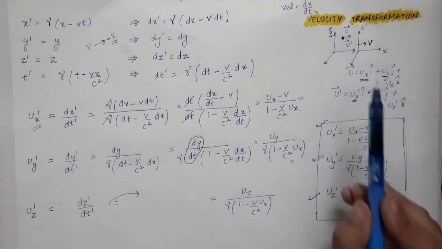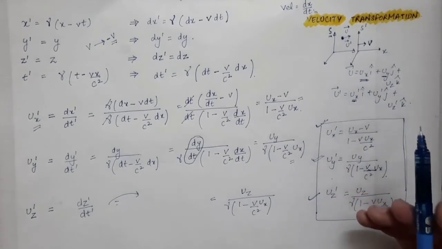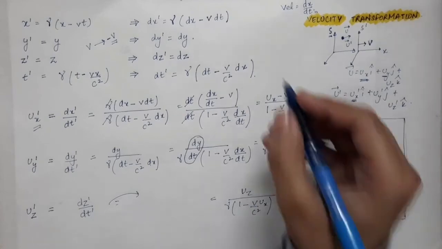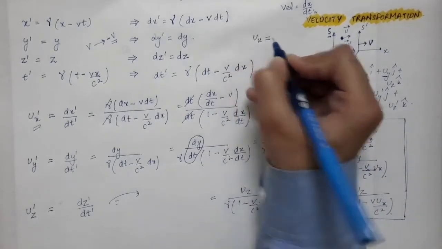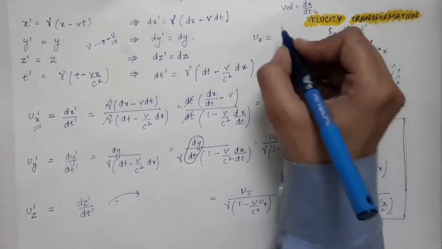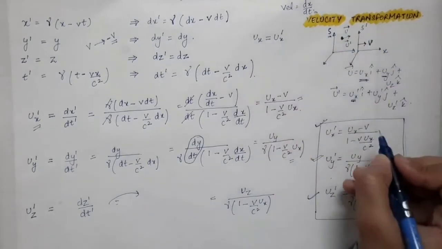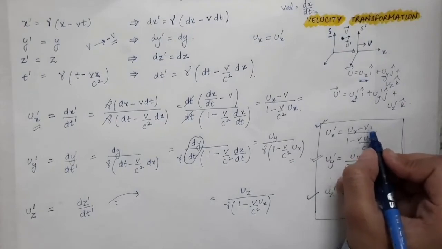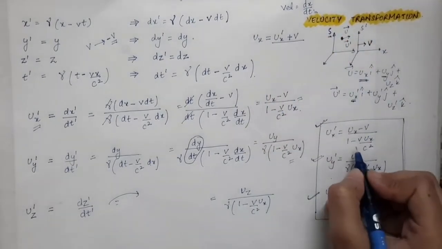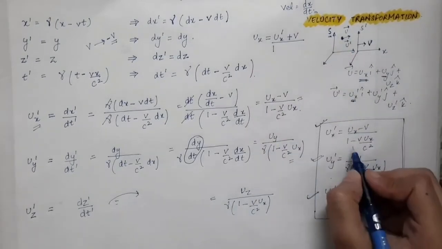These are the variables we have to deal with. So ux, in terms of ux prime, will be equal to, instead of ux you will have ux prime, and instead of v you will put minus v. So that will be just plus v, divided by 1 as it is.